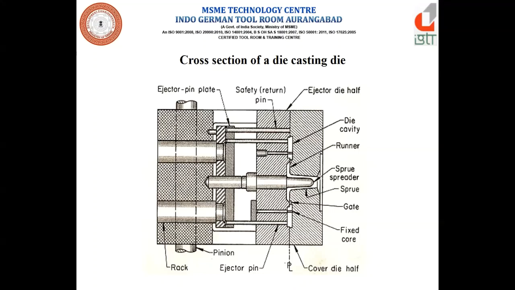The venting may consist of clearance between the die and movable core, ejector pins and slides. The cross-section area of the vent should be at least 50% of the gate area.